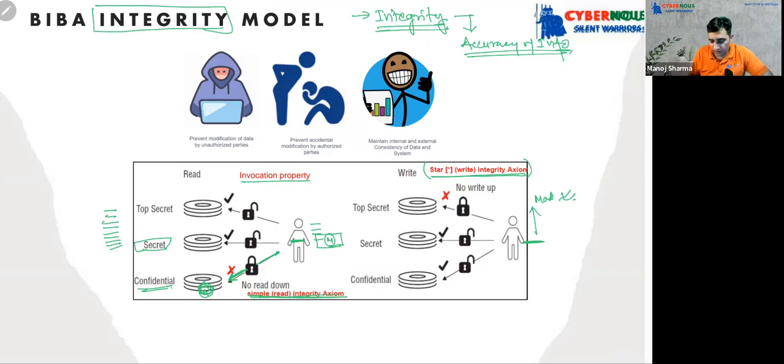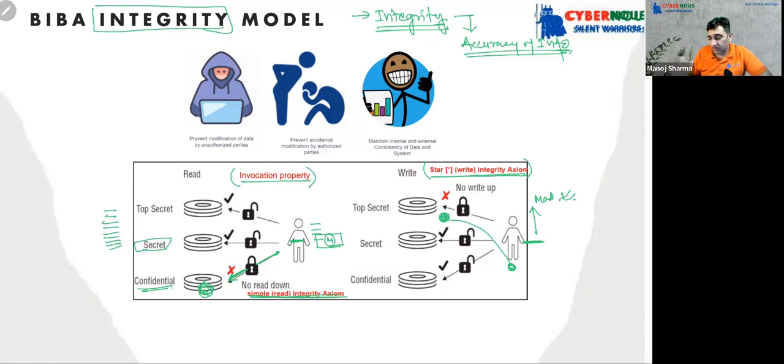And the third property is very, very important, which says that a process, even a process on a low security level, should not be able to invoke a process on a high security level unless authorized.